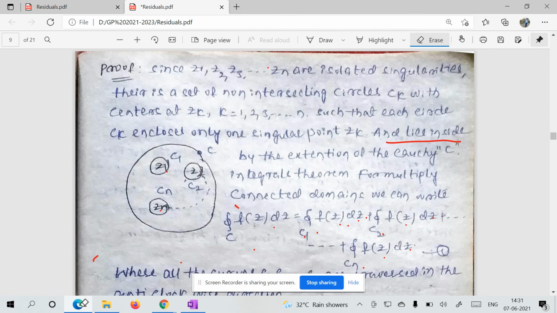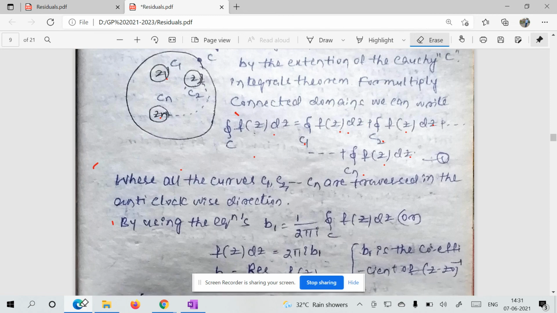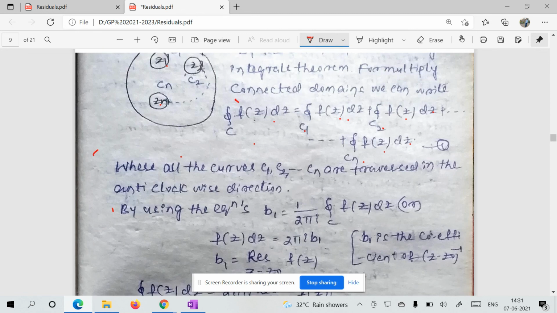This is for multiply connected domains. We can write the total integral of f(z) dz, since we have divided it into multiply connected domains, as the sum over all of them, piecewise.